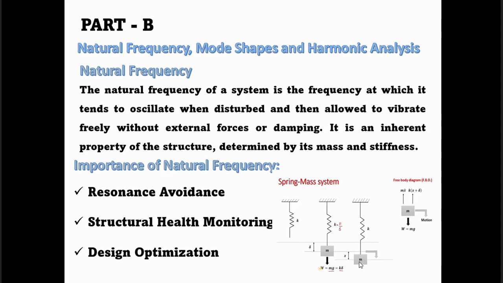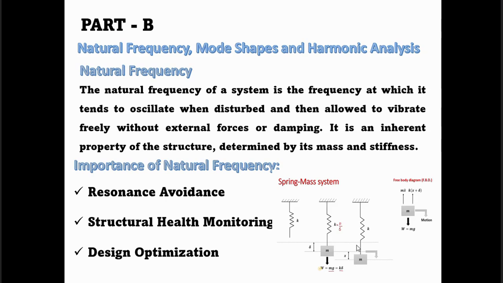This oscillation is referred to as vibration. So after giving that initial displacement, the body will start oscillating. That is referred to as natural vibration. Corresponding to that natural vibration, we have the natural frequency. The frequency of a natural vibration is referred to as natural frequency. Remember, after giving some initial displacement, the body is set to undergo natural oscillations. That is referred to as natural vibration.